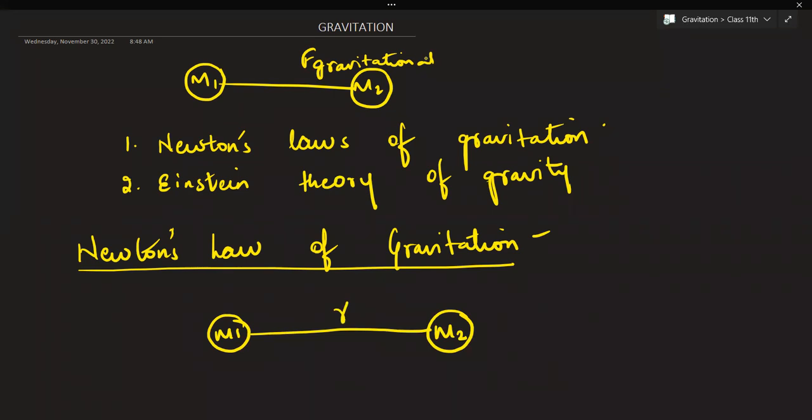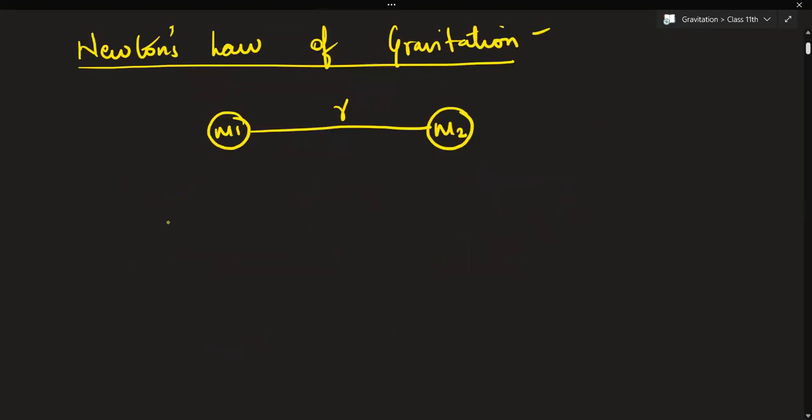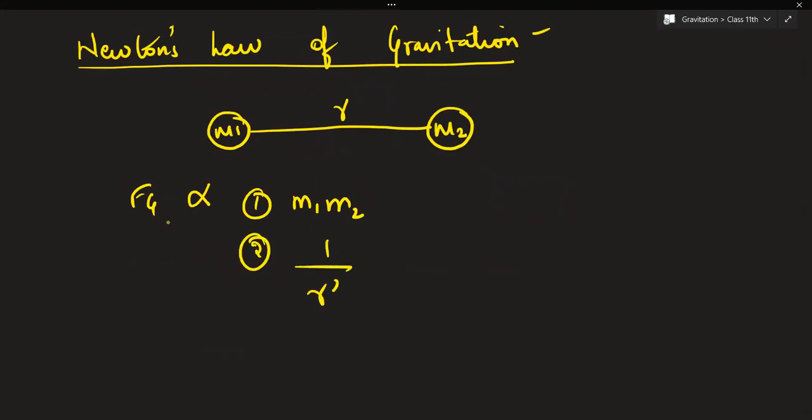Now see, this gravitational force that will exist between these two bodies is firstly directly proportional to the product of both the masses. Secondly, inversely proportional to the square of the distance between them.